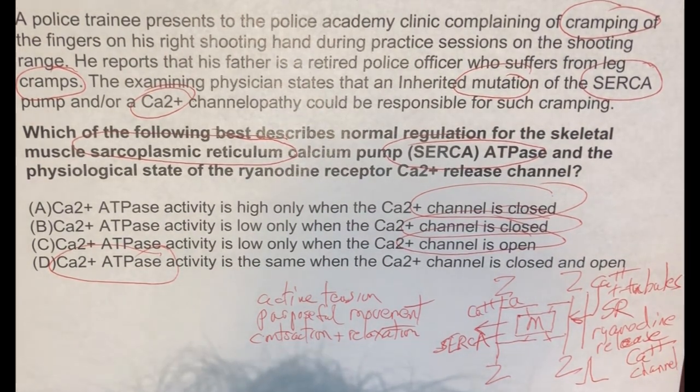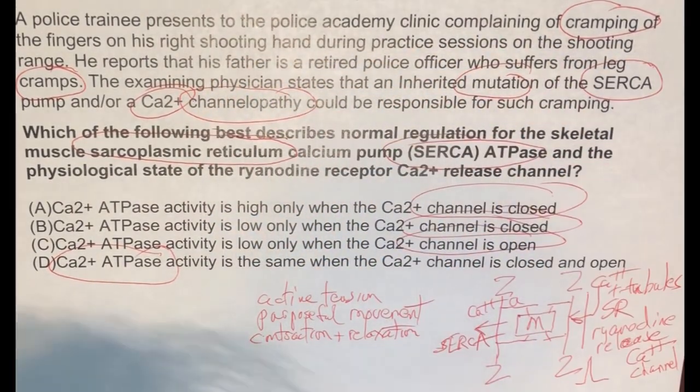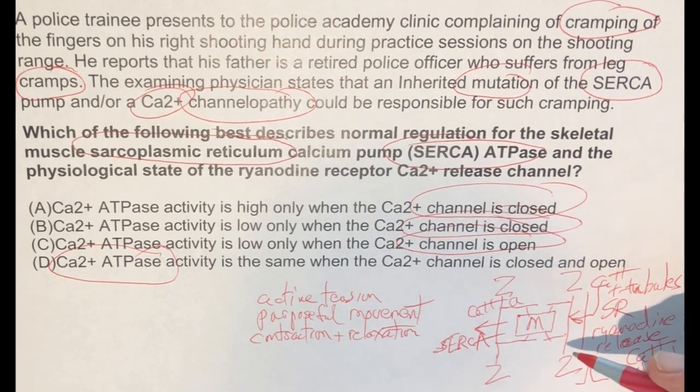So if we had a channelopathy, it would mean that if that calcium release channel got stuck, we'd have so much calcium coming in, it couldn't be pumped out fast enough, and that could produce a muscle spasm.